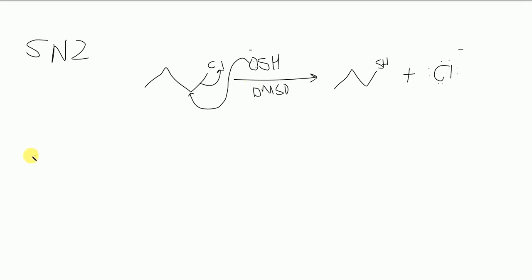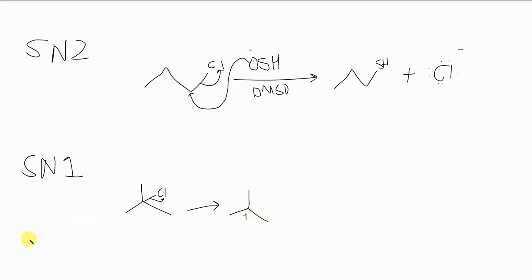And then for SN1, we have the opposite. So everyone see how SN2 is a one-step reaction. This comes and attacks and this leaves. So SN1, let's say I have this tertiary carbon with the chlorine. And what happens in the first step is this leaves. And the reason this can leave is because this center is stable enough once it leaves to hold a positive charge, right? So the positive charge here.